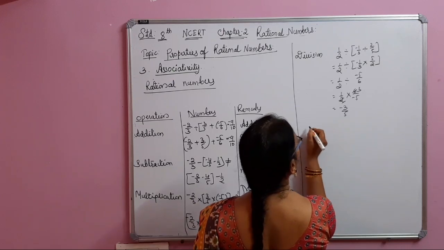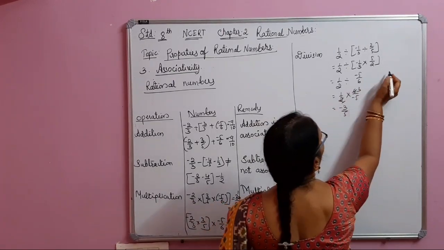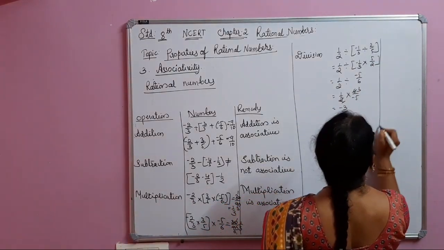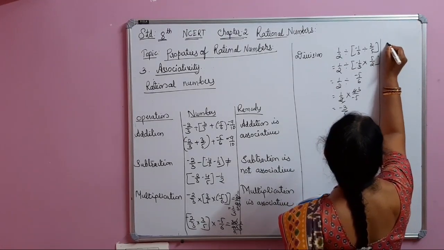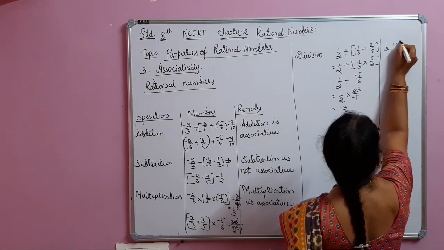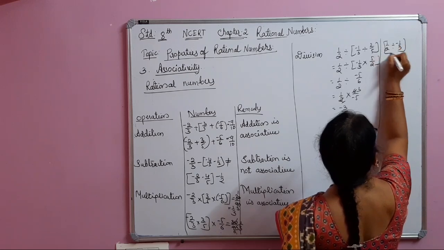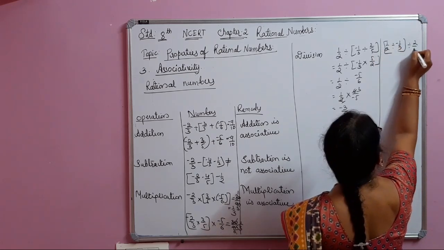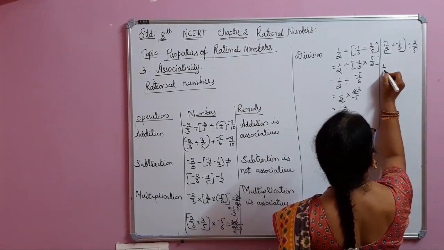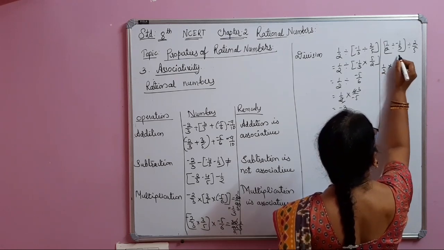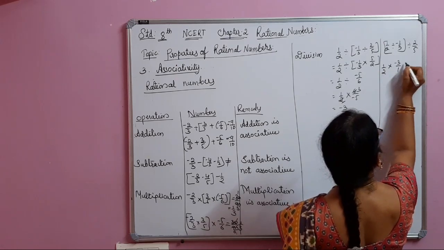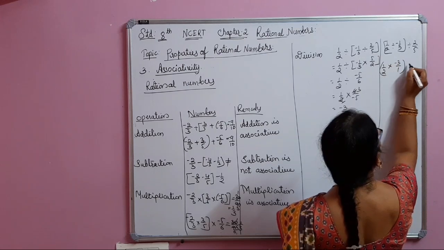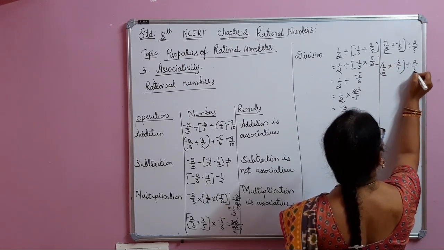The same way, if we write this one in another form, 1 by 2 divided by minus 1 by 3 divided by 2 by 5. See, 1 by 2 into minus 3 by 1, whole divided by 2 by 5.